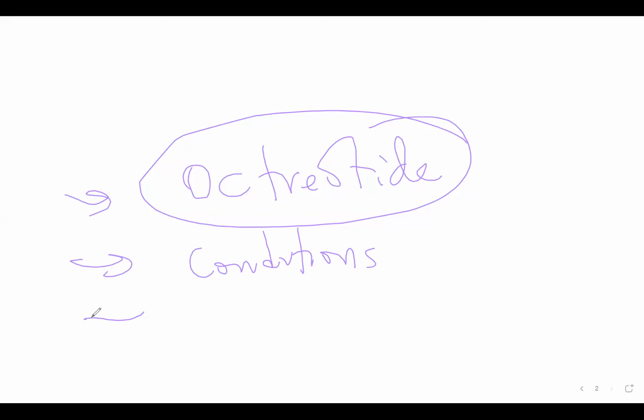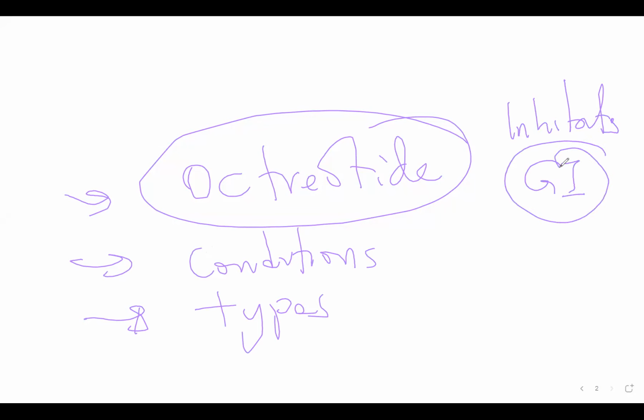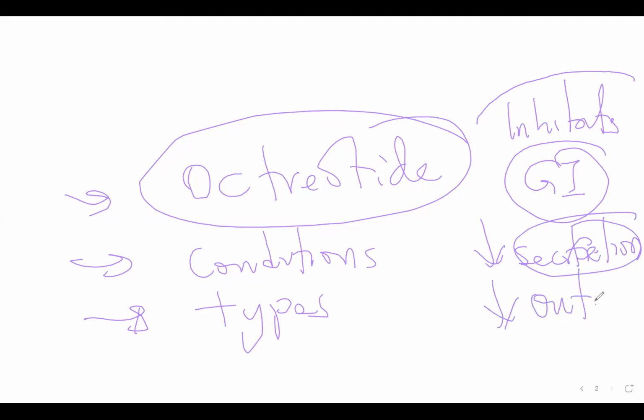That's a very good question. Now, octreotide is a somatostatin analog, and what it does is inhibit GI secretion. It's just like a GI lockdown. It inhibits pancreatic, biliary, and small intestinal secretions. So when you give octreotide, it tends to decrease secretions and reduce the output of the fistula.